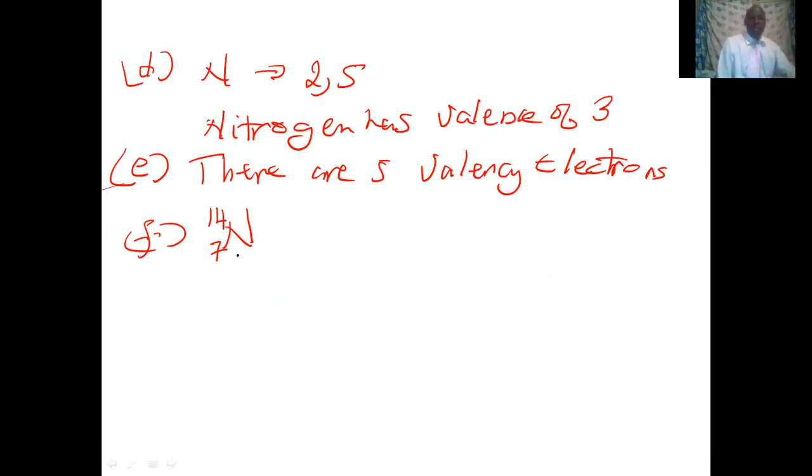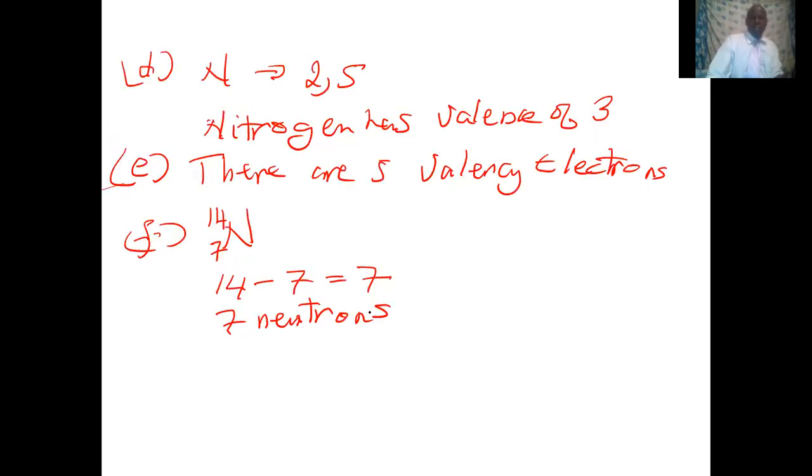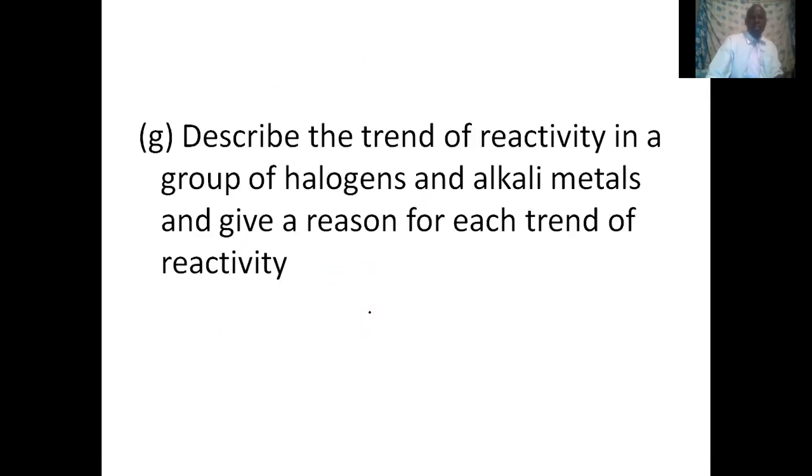So you have to subtract it from the mass number. It will be 14 minus 7, which is 7. So there are 7 neutrons. Okay, so that part of the question is answered.